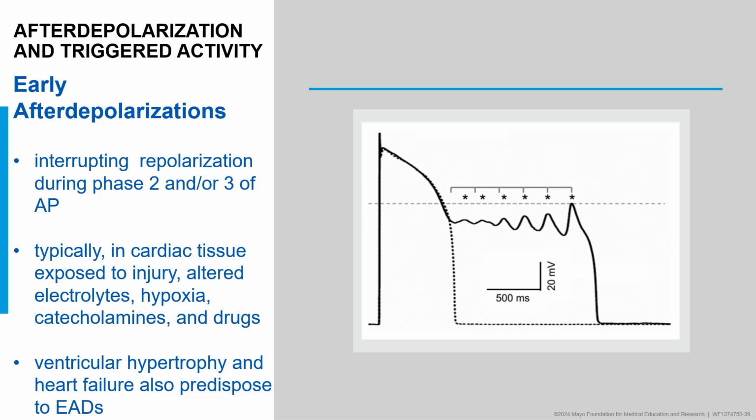Also hypertrophy and heart failure predispose to this phase 2, phase 3 triggered activity. So before completion of the action potential, we're getting spikes of depolarization that are triggering these ectopic beats.